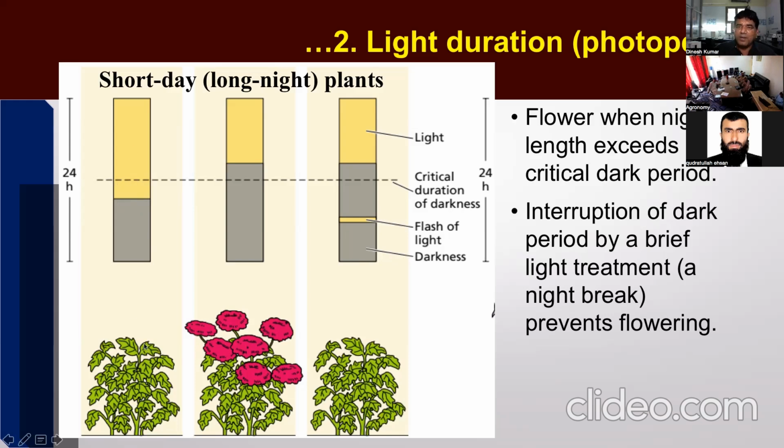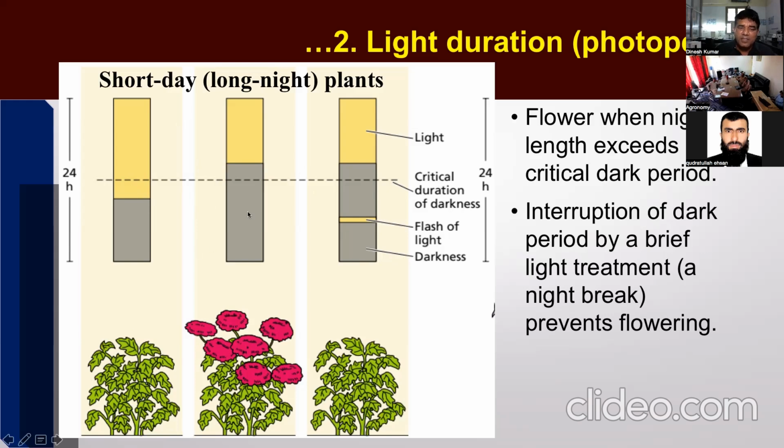Then the plant will flower. In this case, there is no flowering, because the plant is not getting the critical dark period. This line is showing the critical, means the required minimum darkness period. If the minimum darkness period is not completed, then this plant will not flower. This is about the short day plant.